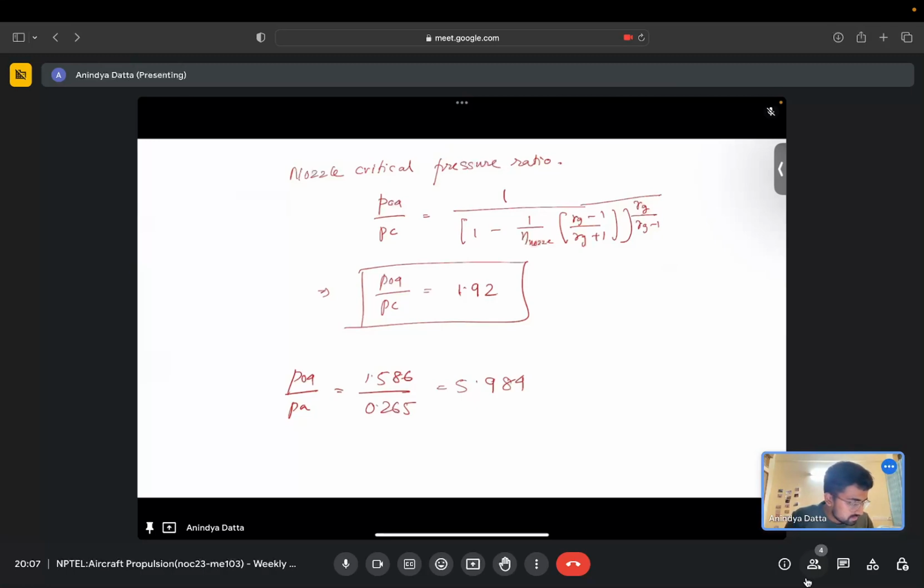So this is the case for nozzle choking, which implies that the nozzle is choked. And what does this imply? That our nozzle exit pressure will be equal to the critical pressure.